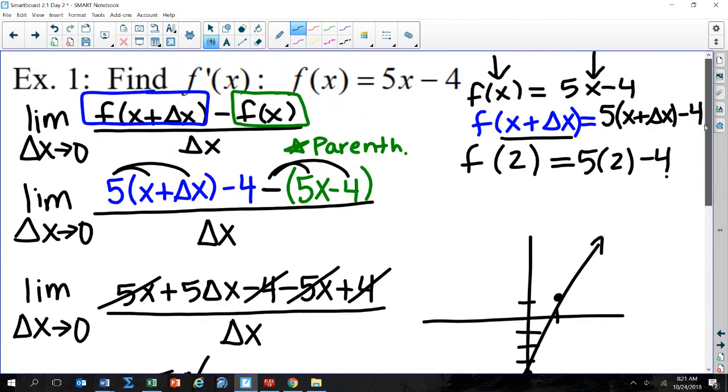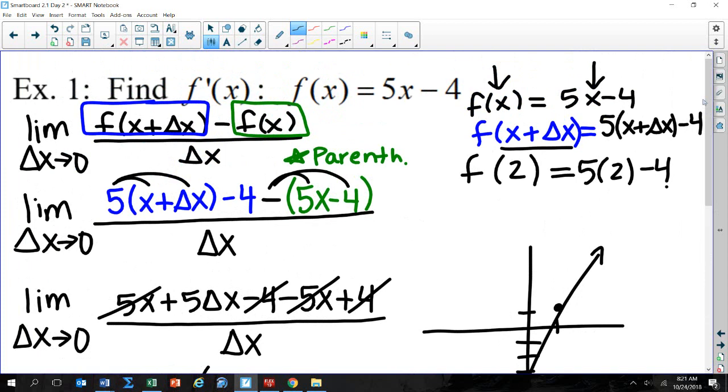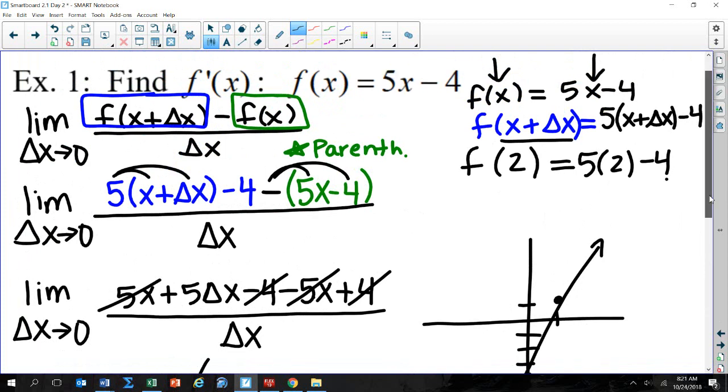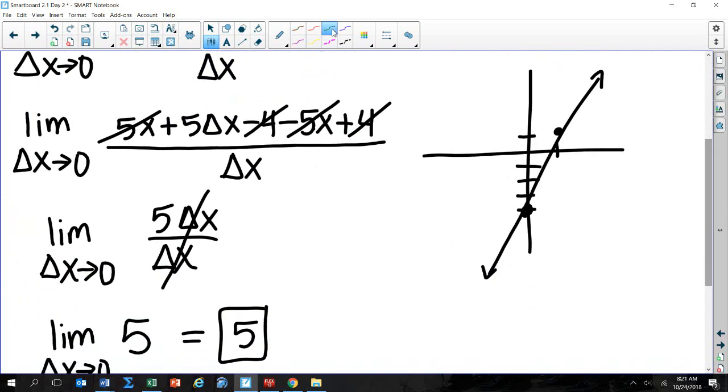And what were we finding? We were finding the slope of the tangent line, right? I don't care which point you choose. Let's say I choose this point. What is the instantaneous rate of change at that point? 5. Let's say I chose this point. What is the slope of the tangent line? 5, right?